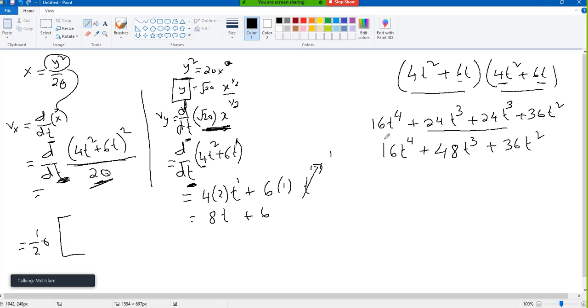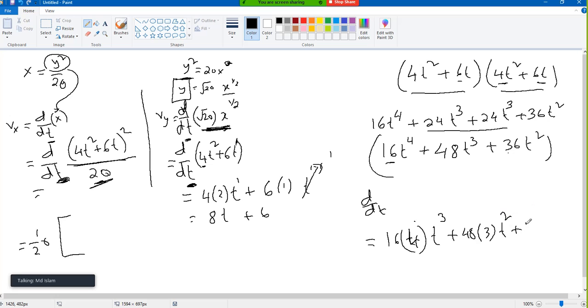Now, if I take the derivative of this portion with time, what will I get? 16 t to the power, I bring the power down, 4 t cube, 48 times 3 t square, 36 times 2 t. So that is my derivative. It will come actually here.